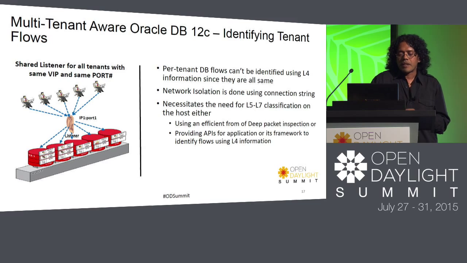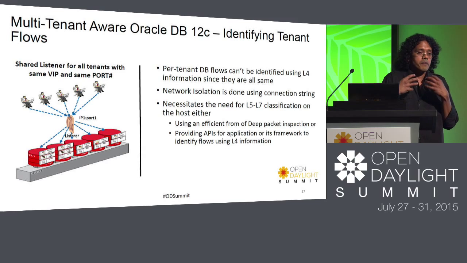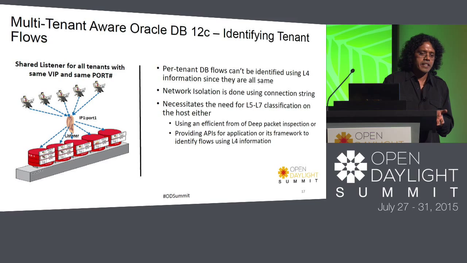The other way to do this would be to provide some API to the applications, right? If the applications are multi-tenant aware, they can provide you this information. They use the API to tell you, okay, this is the connection that I have, this is the client that is connected to the tenant, and you let the application tell you what flows you want to configure. This may or may not work depending on how much you can trust the application.